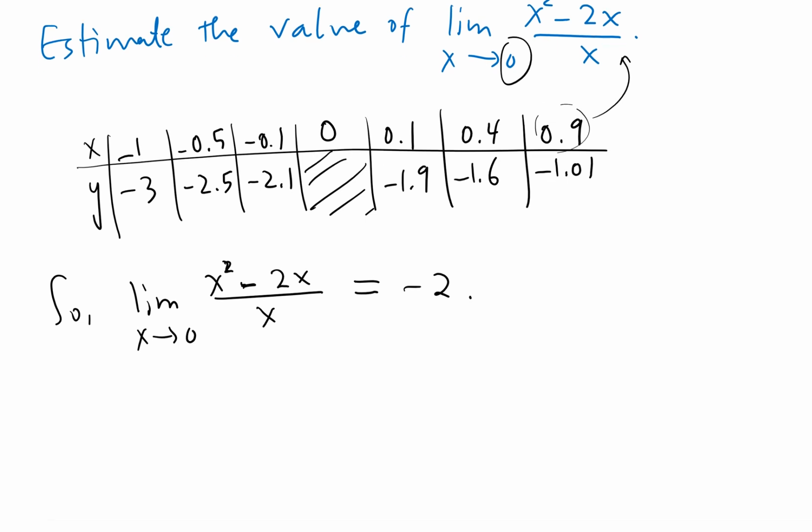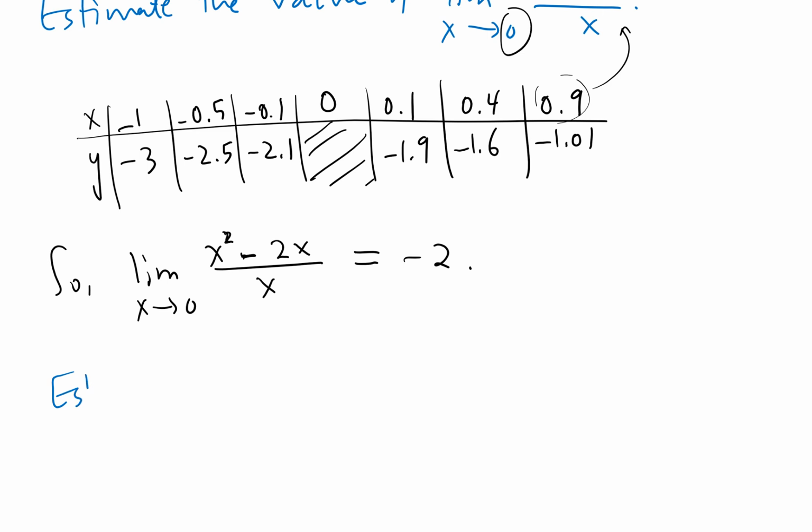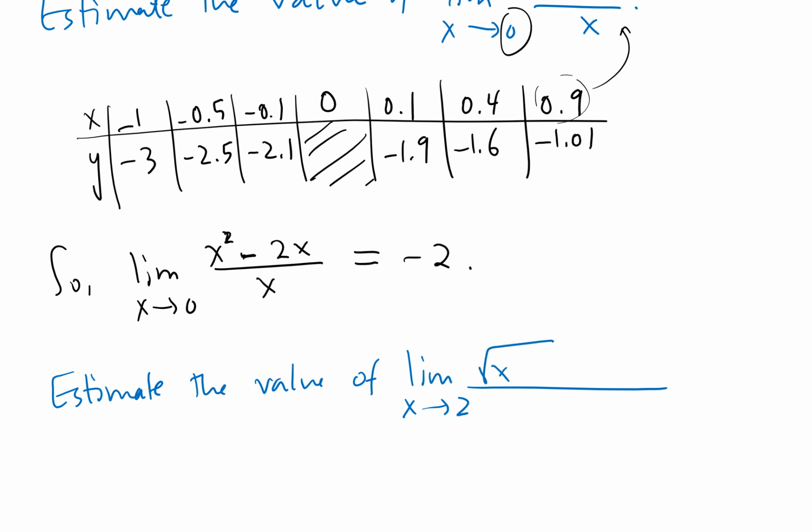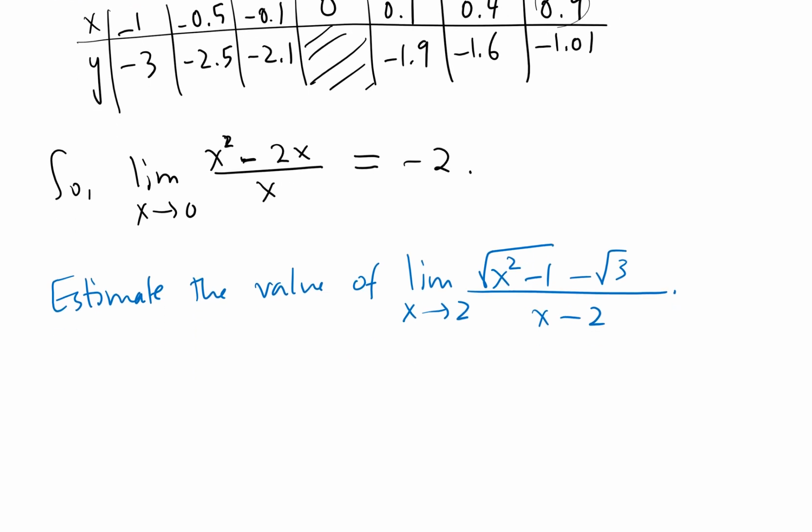I can give you a quick one and you can try it later on your own. If you try to estimate the value of the limit as x approaches 2 of, let's say, this function. If you do it that way, that's not going to be an easy thing. You can pick values for x, 1.999, 1.9, 1.8, and some values above 2, like 2.001, 2.01.